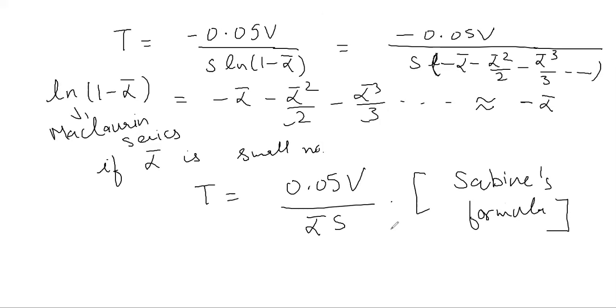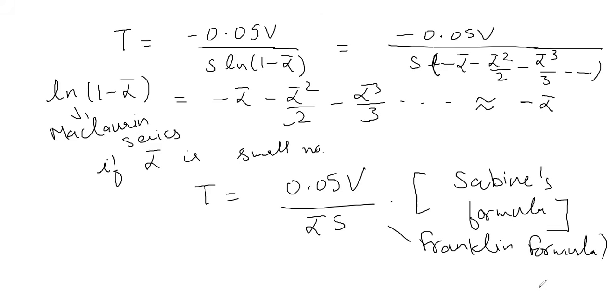This is many times also called the Franklin formula. So your Sabine formula is a special case of Eyring formula, when your absorption coefficient is small.